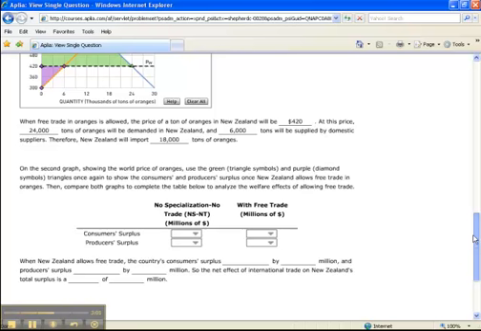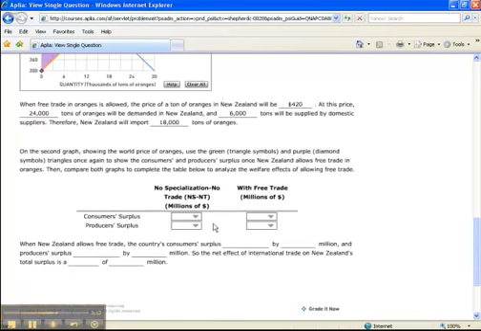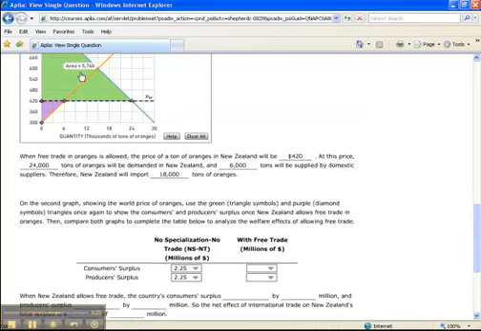So if we go down and look at this part, our consumer surplus with no trade, which is this graph up here, was 2.25 million. So let's put 2.25, and its producer surplus was also 2.25 million. But now with trade, the consumer surplus, this area right here, is going to be $5.76 million.